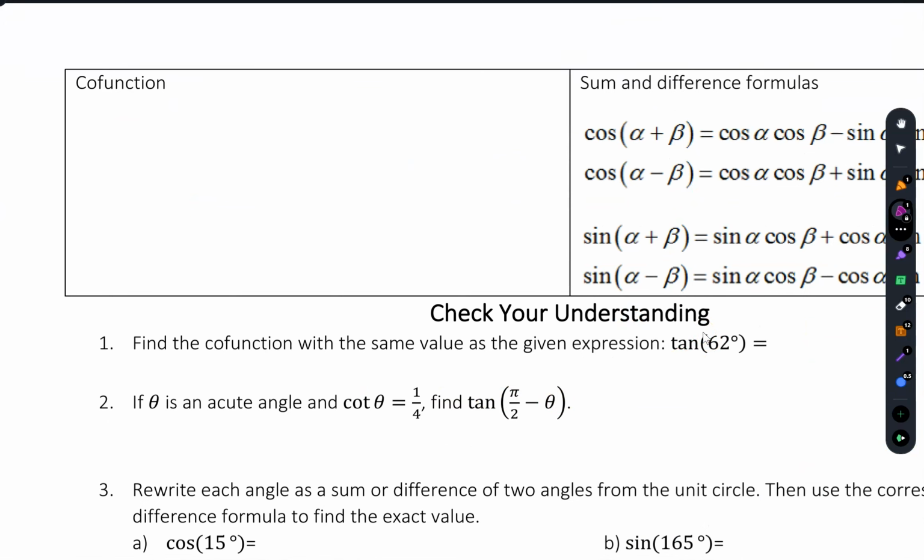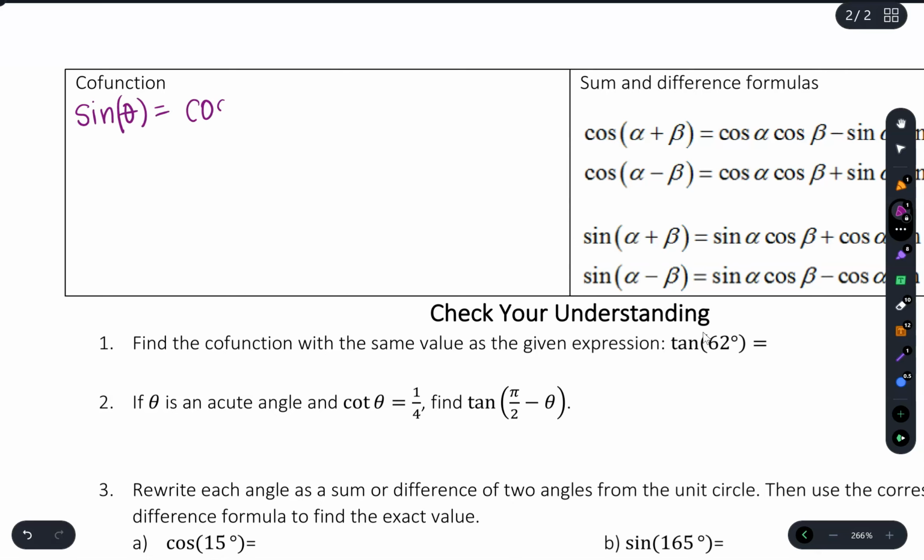Cofunctions. So sine is a cofunction with cosine. So cosine of 90 minus theta, or of course you can say cosine of pi over 2 minus theta, is the same thing as sine of theta. And opposites, right?